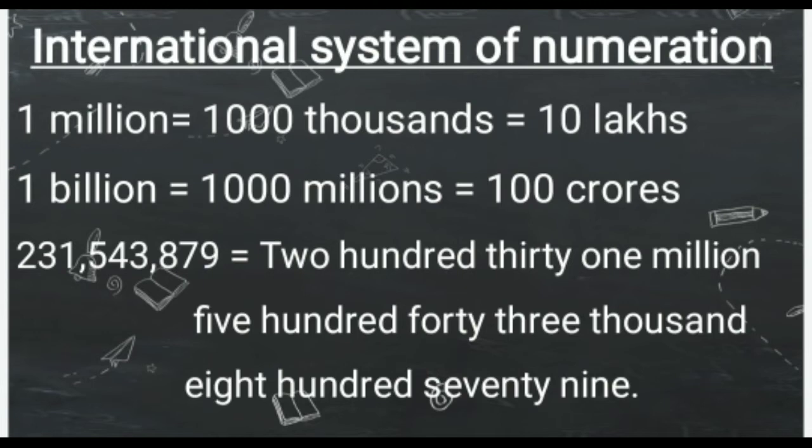Look at the example. The given number is 231,543,879. The first comma from the right side is for thousand, the next comma is for million, and if there is another comma, it will be for billion.